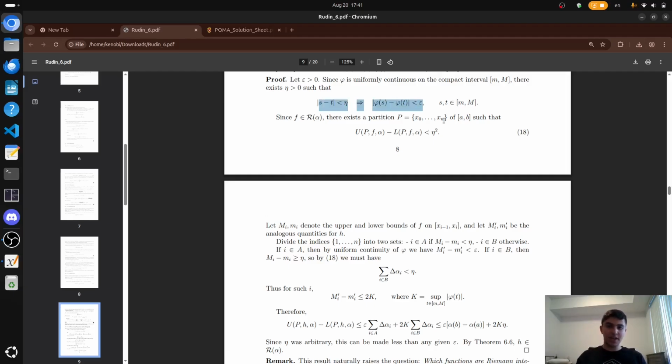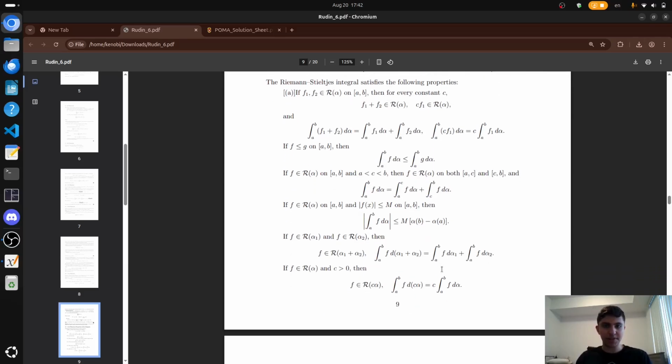The other one doesn't. But what it does do is imply that it's less than or equal to 2k, and we just add them together. So in more general terms, the strategy was to take the first step of the function and then apply the function back to it, take the endpoints mi and then mi star, and divide it into two parts related to epsilon, add them back together, and show that this thing over here is less than epsilon, or something times epsilon plus something times epsilon, which is going to be arbitrary.